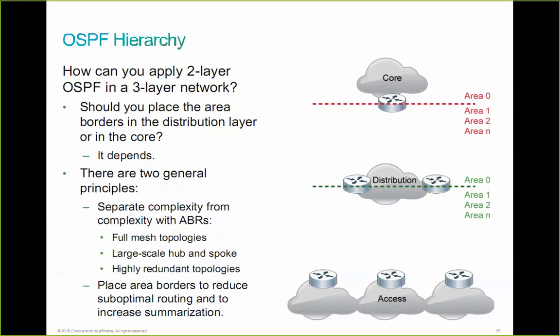Now, the simplest way to do this, if you have the ability to design your OSPF network from scratch and implement it from scratch, is to allocate addresses into OSPF and assign separate network numbers for each area. That way you're guaranteed to have the ability to perform summarization on those ABRs between the areas.